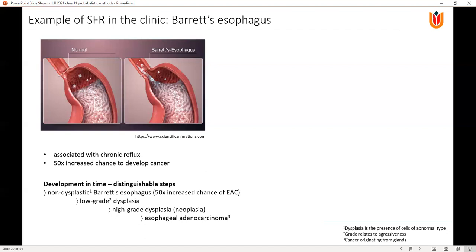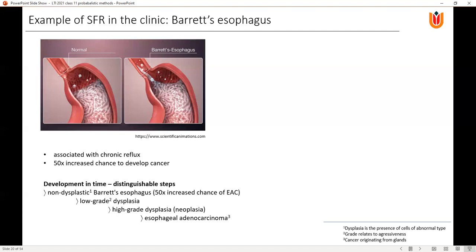In this case, there's really not that much going on in terms of cells going wrong or pathology going wrong, but we know that because the patient has this reflux, there is a high risk. So we could use it as a screening tool.